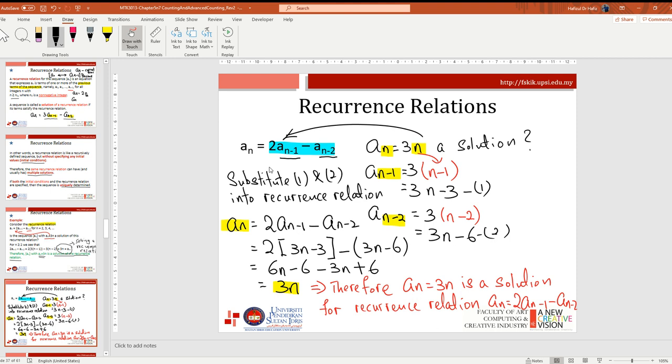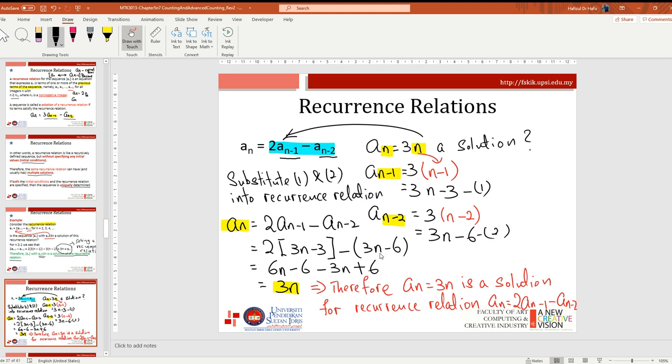We have a_n equivalent to 2a_{n-1} minus a_{n-2}. We have a_n equivalent to 3n as a solution. So we substitute 1 and 2 into the recurrence relation, so a_n is equivalent to 2a_{n-1} minus a_{n-2}. Jadi a_{n-1} is equivalent to 3n minus 3, minus 3n minus 6.